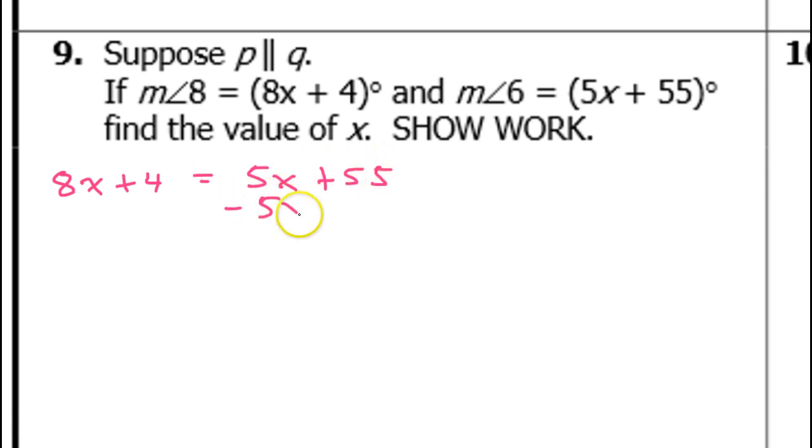Let's get these variables together first off by subtracting. So that'll give me 3x plus 4 is equal to 55. Next, you want to subtract 4 from both sides.